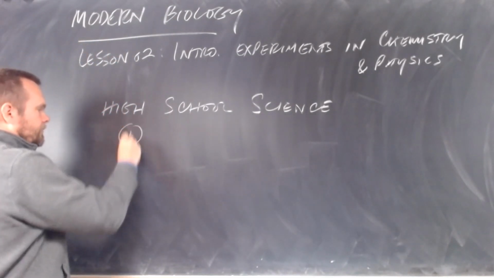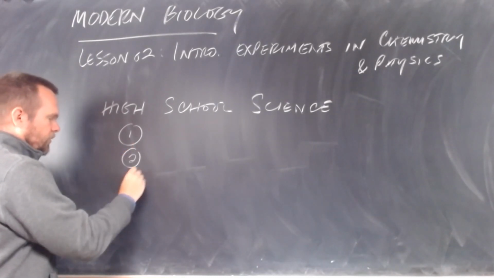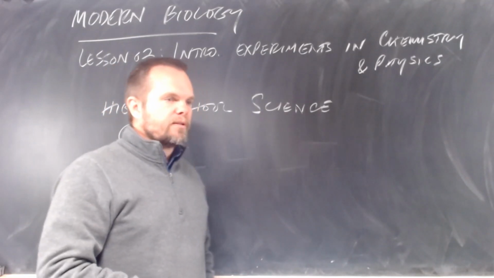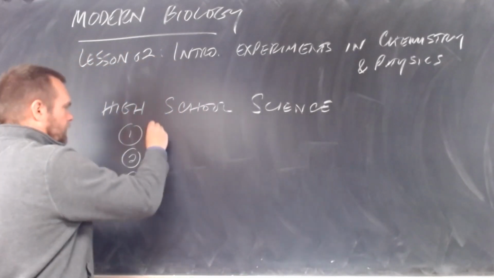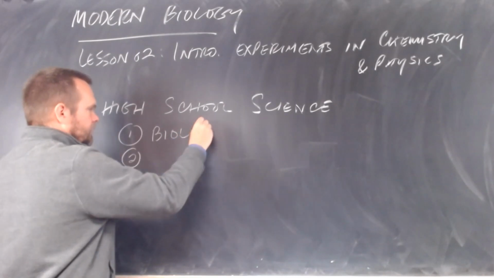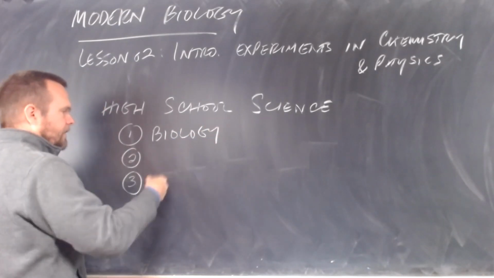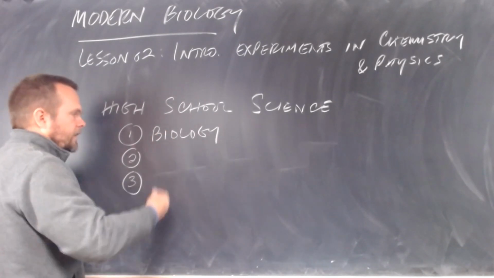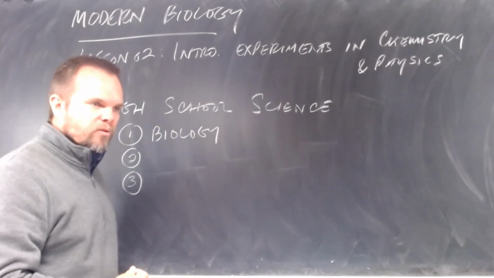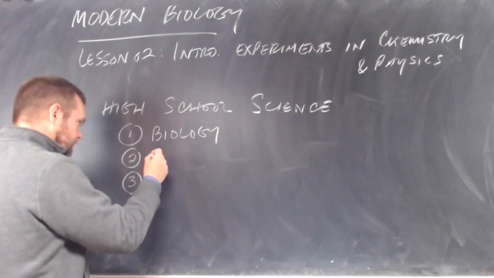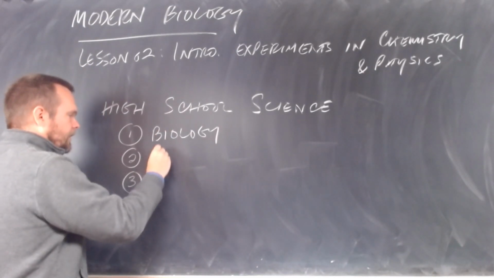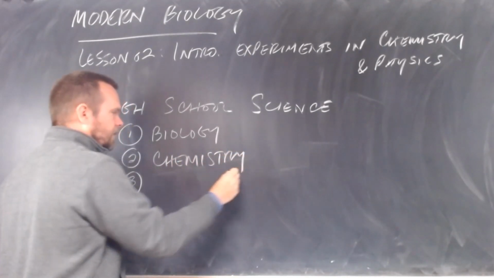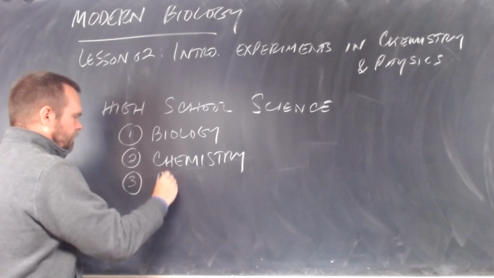And I said, no matter what school you go to, there are 3 basic science courses in high school. The first is biology, which we're studying here. And then the second and third are taught in different order in different schools. Actually, all 3 of these are taught in different orders in different schools. Biology, chemistry, and physics. I might even list them in one video in a different order.